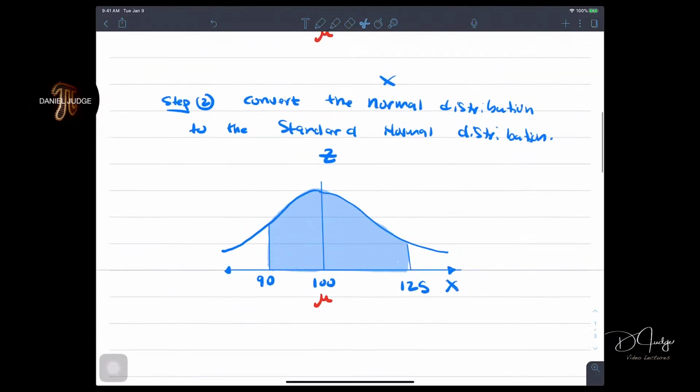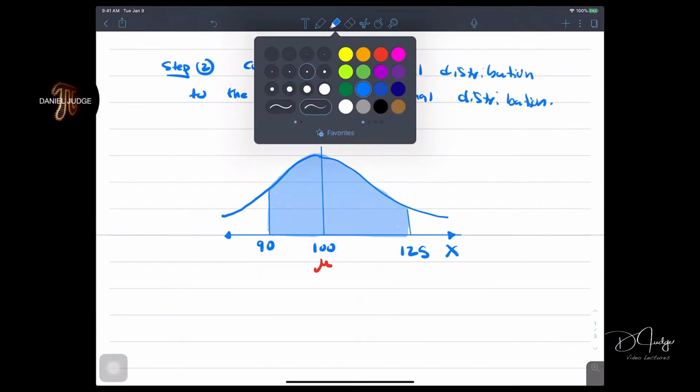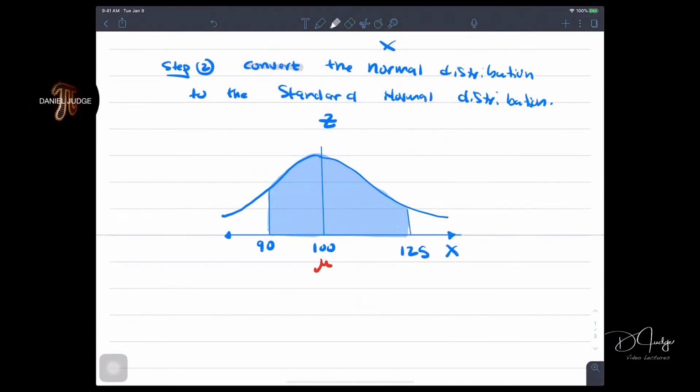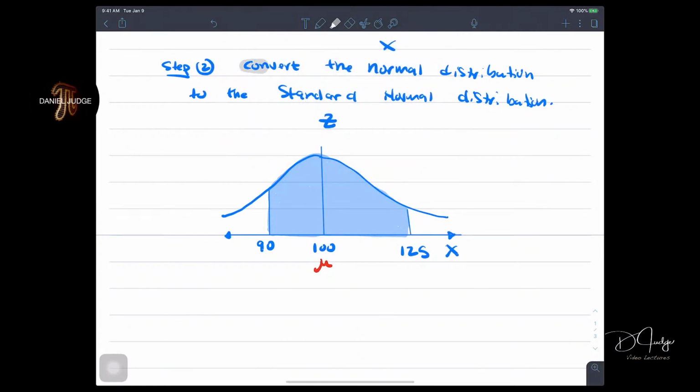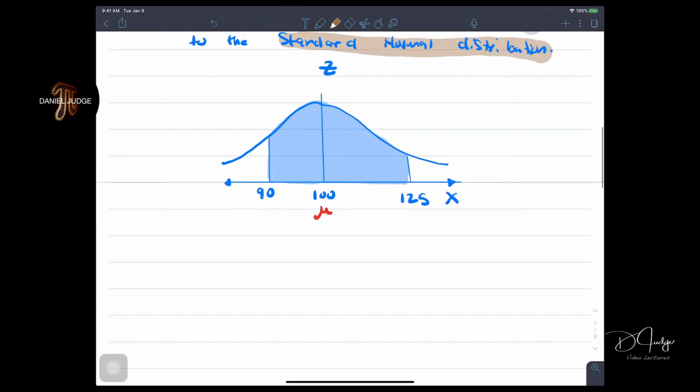And then you ask, how do I go about this process of converting? How do we convert a normal to a standard normal? The standard normal distribution is a z distribution. You do that by using this formula: z equals x minus mu over sigma.